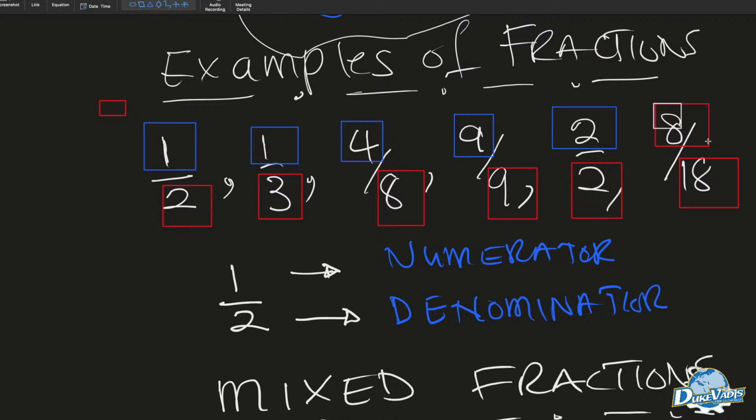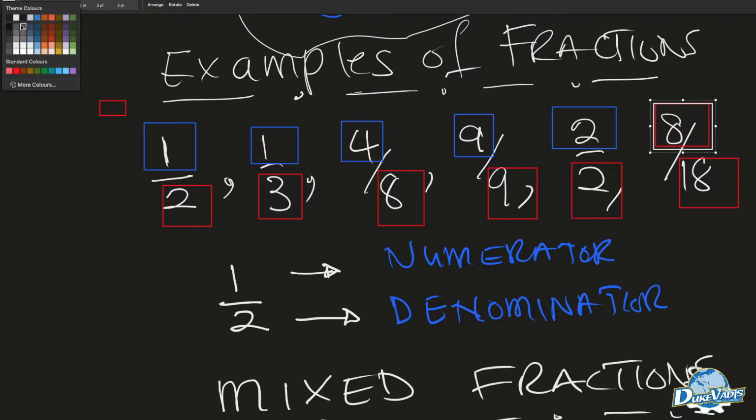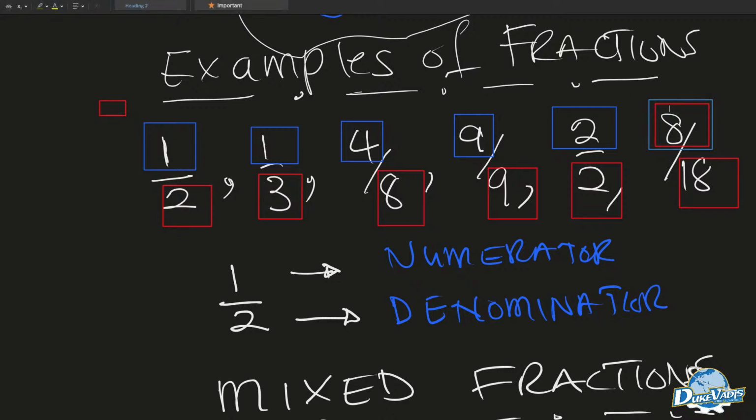It's supposed to be blue, but not red. So this is blue. Now let's go back and see. 1, 1, 4, 9, 2, 8 are all called the numerators, and the 2, 3, 8, 9, 2, 18 are called the denominators.